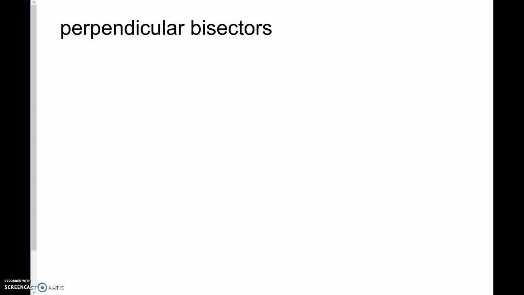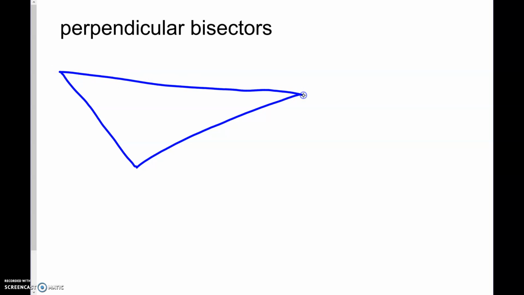So what happens when we have an obtuse triangle? When you have your perpendicular bisectors, we'll see how close I can come to making this work. Where's that midpoint? About right here, coming through.